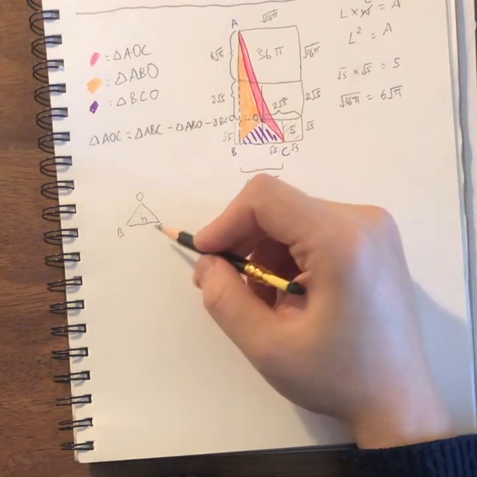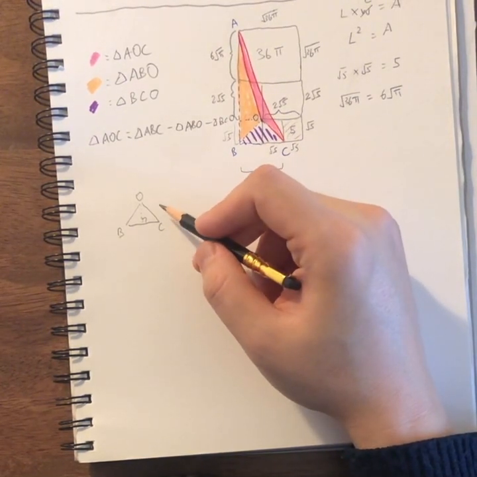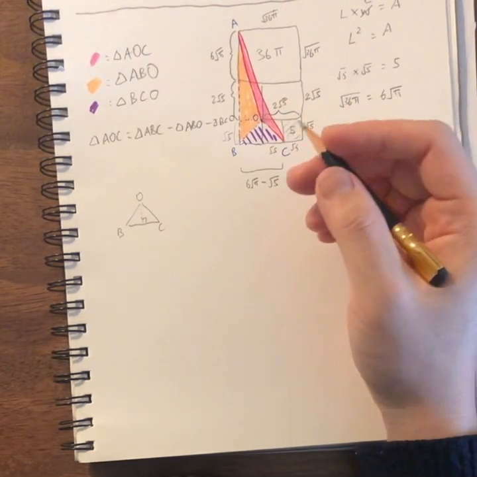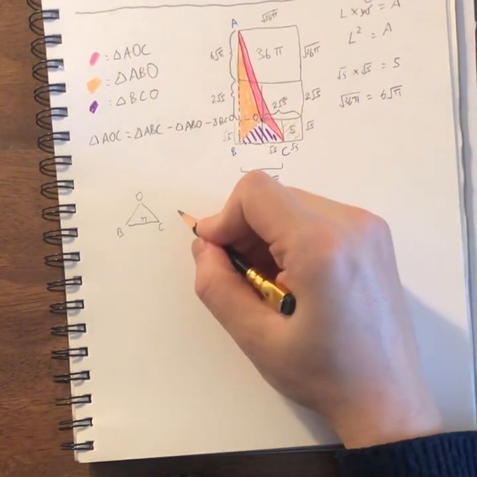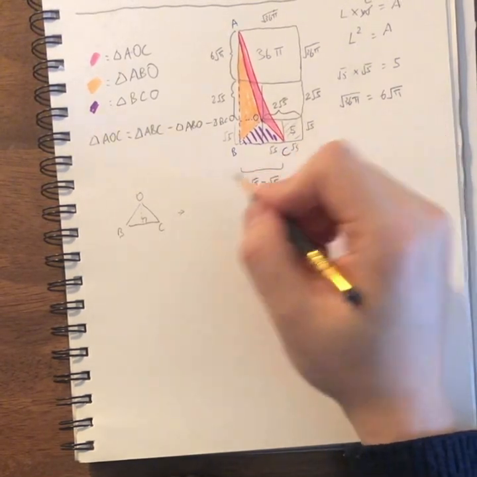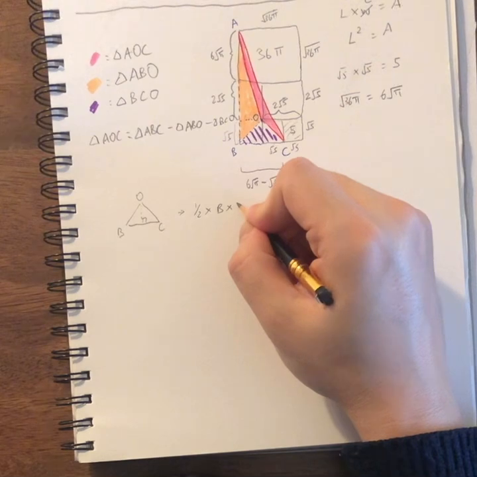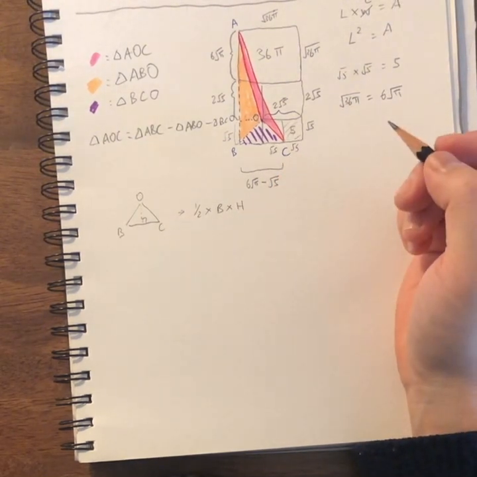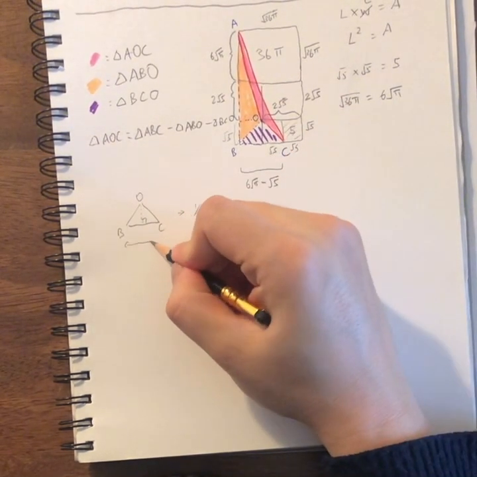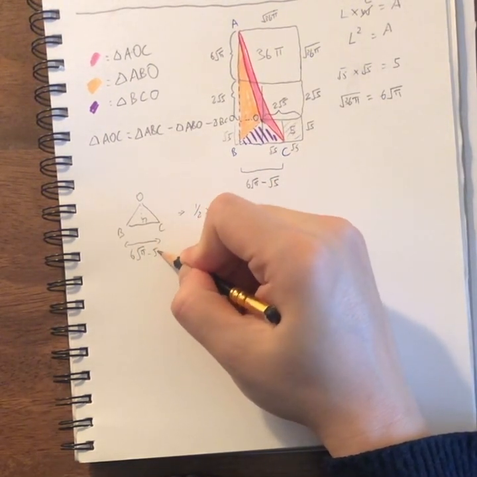It's very important to note that for a triangle, the area will always fit into half of a rectangle or a square. Hence your equation for the area of a triangle is half times base times height, your perpendicular height. So in this case, I know my base, that's my 6 root pi minus root 5.